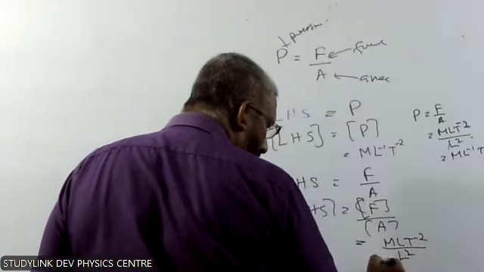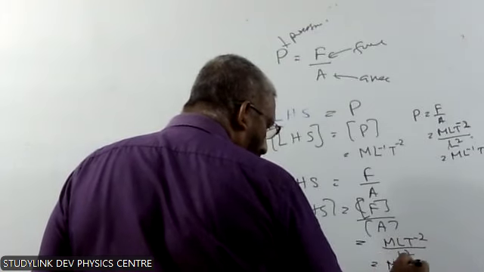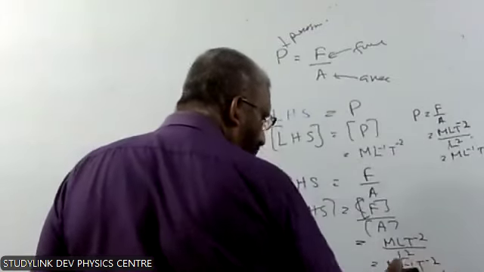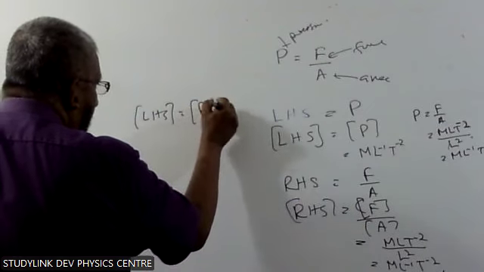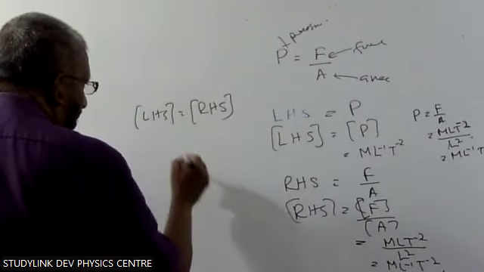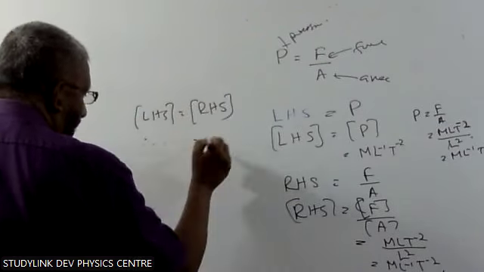So this is equal to ML minus 1 T minus 2. Then dimensions of left hand side is equal to dimensions of right hand side. Therefore, the equation is dimensionally correct.